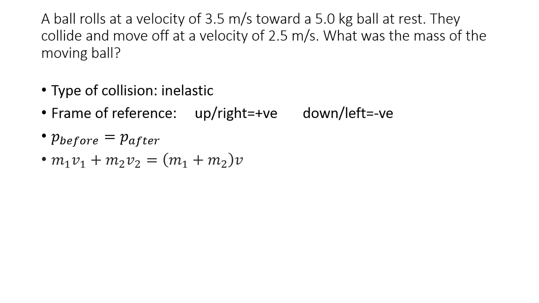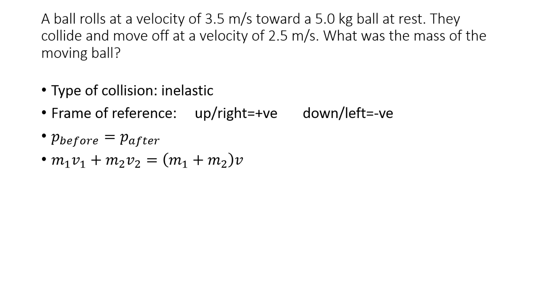Okay, well, before the collision happened, I had mass 1, that's the ball that's moving, we'll call that m1, moving at a velocity, we'll call it v1. There was a second ball, we'll call it m2. It was the 5 kilogram ball, and that's at rest. So we'll call its velocity, even though it'll be 0, v2. Alright, so the left-hand side of that equation is the momentum before the collision.